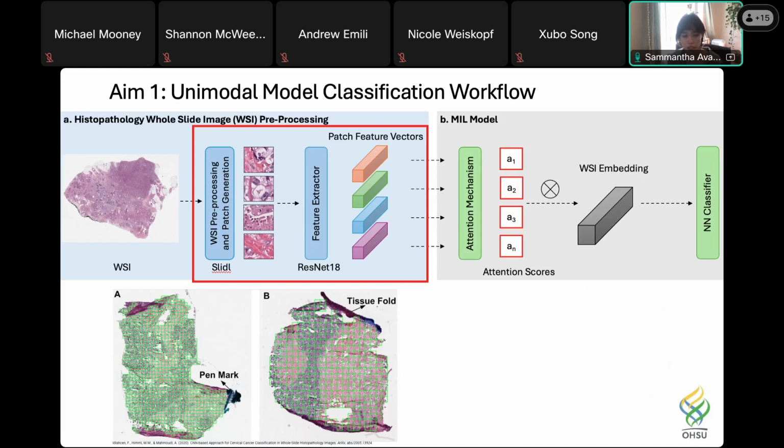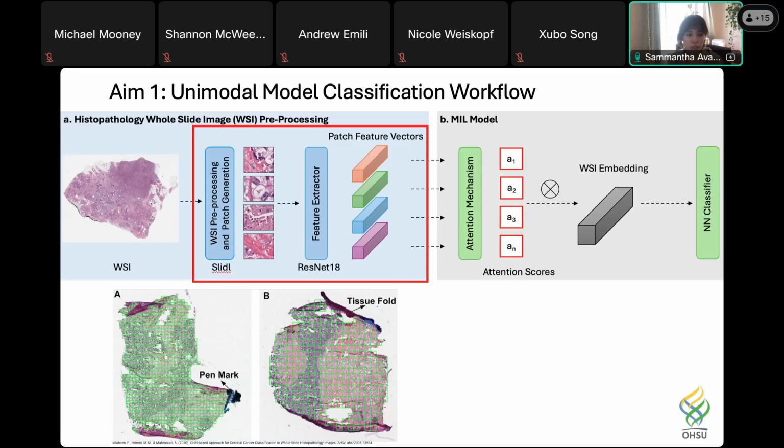And so we can see examples of this in the bottom image, where pen marks as well as tissue folds are unwanted slide artifacts that we want to avoid while extracting image features, as they could negatively affect our model.